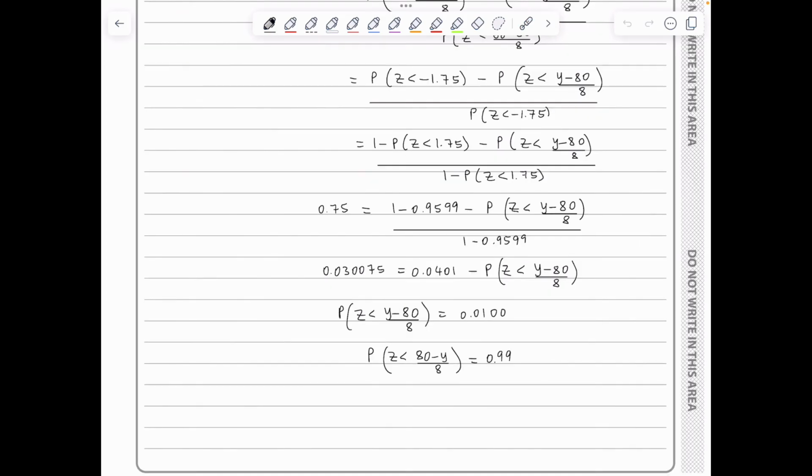And therefore we have (80 minus y) over 8 is equal to 2.32. I will cross multiply to get that 80 minus y is equal to 18.56, and therefore we conclude that y is 61.4.